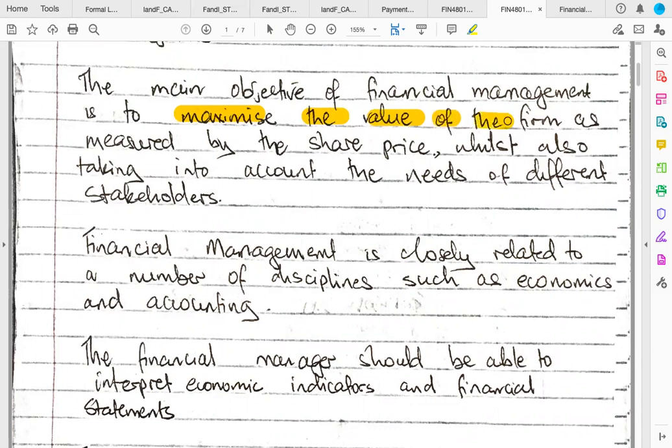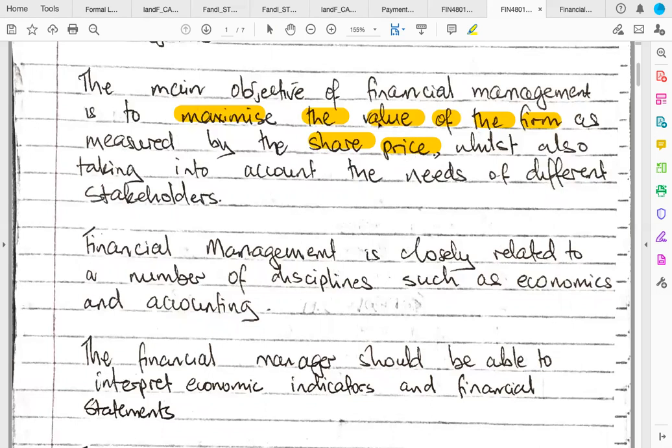And remember, the value of the firm is measured through the share price of the firm. So the key goal of any company and the financial management function is to maximize the value of the firm, which is measured through the share price.